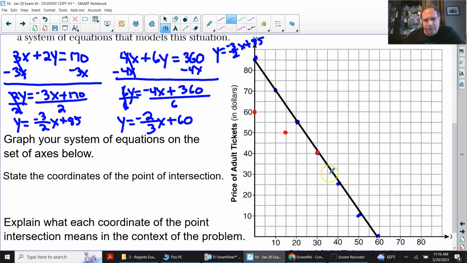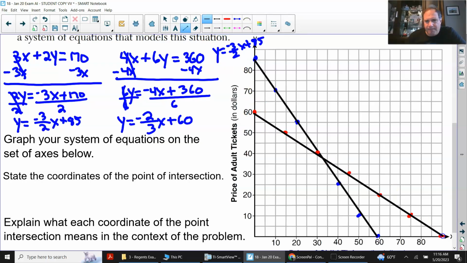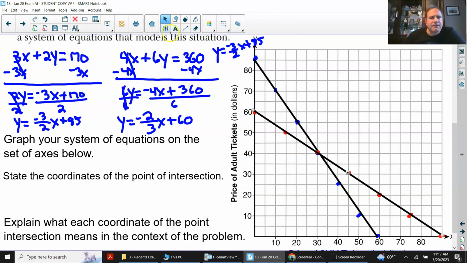Down 2 to the right 3, and down 2 to the right 3 again. It ends right there. I'm going to draw my line. And I'm going to just make sure it's just a little bit further up. And there is my solution.